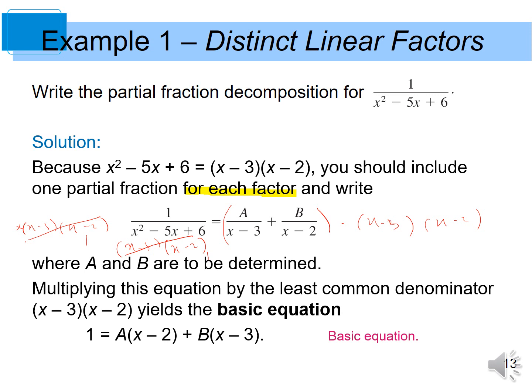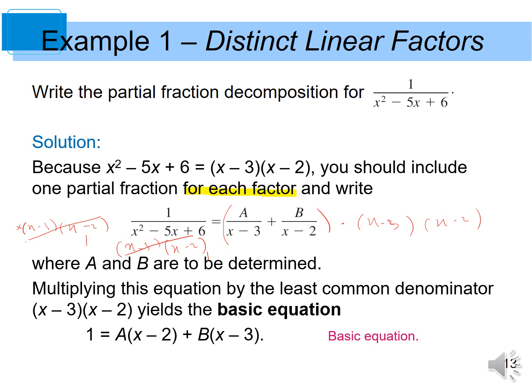But for the right side, we multiply by (x minus 3)(x minus 2). The x minus 3 can be cancelled, so a will be multiplied by x minus 2.